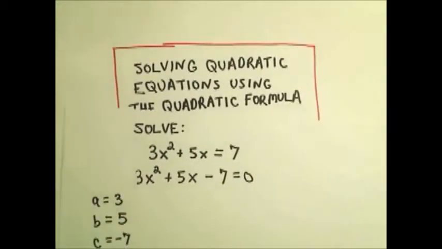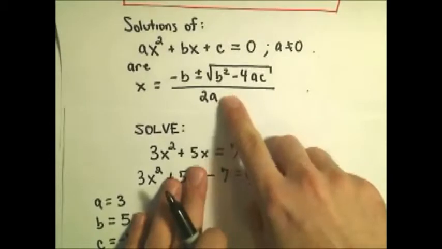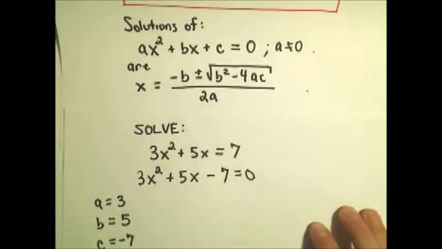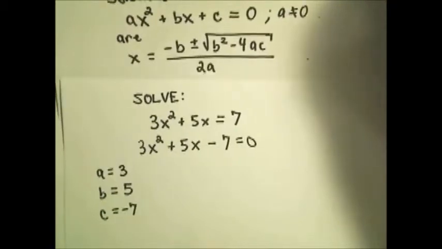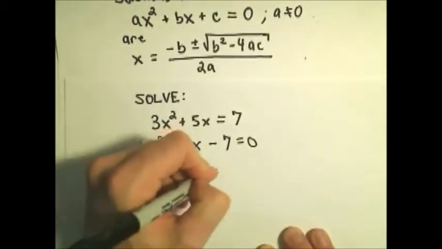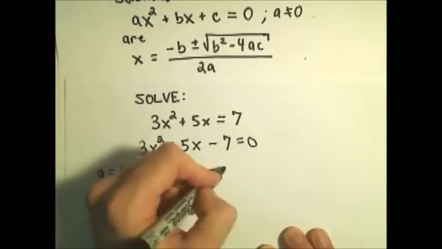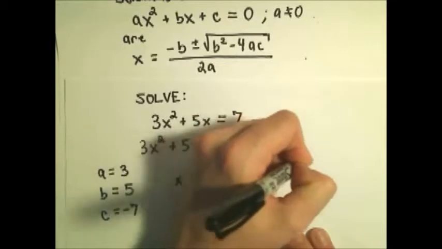So when we go to fill in our quadratic formula, negative b plus or minus the square root of b squared minus 4ac over 2a, we'll end up getting our solutions as negative of the b value, which is 5, plus or minus the square root.